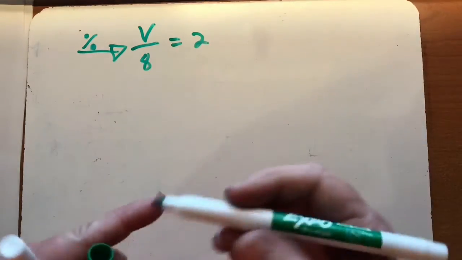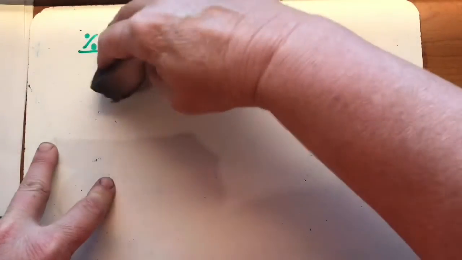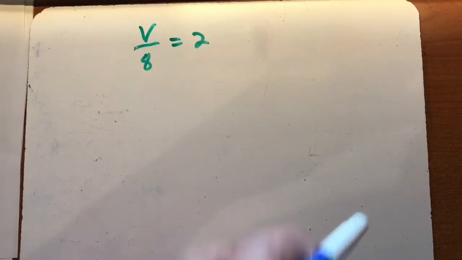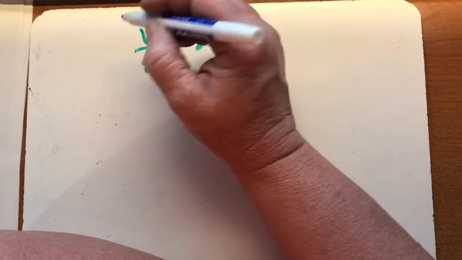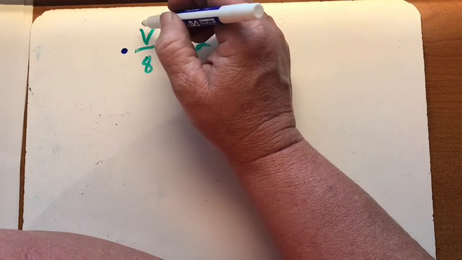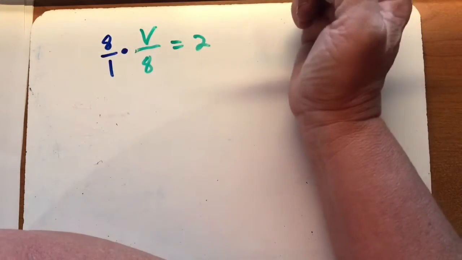So to undo division, I have to multiply. To help keep things squared away, I'm going to multiply this side by 8/1.